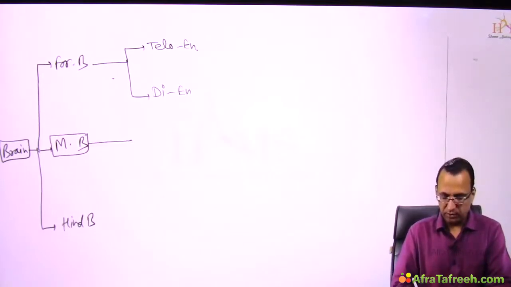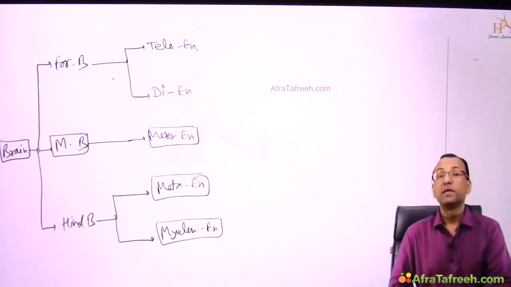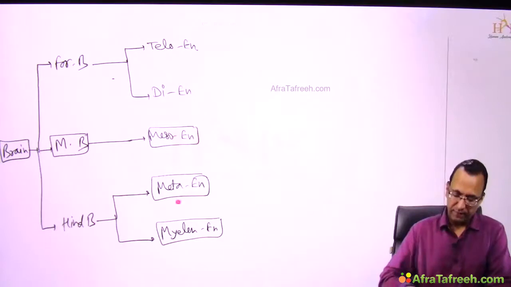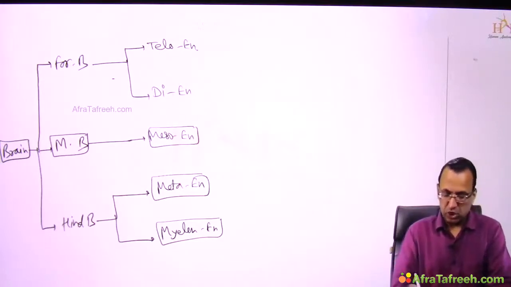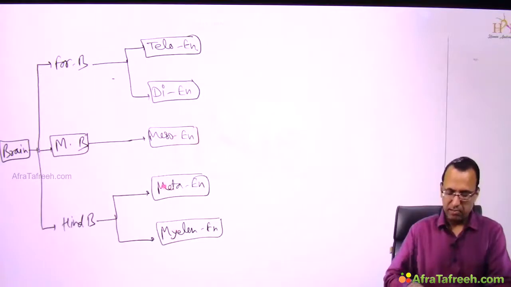It is forming the mesencephalon, and then there will be the hindbrain which is dividing into two, called the metencephalon, and then there is the myelencephalon. So in the adult brain, we will have 5 brain vesicles because the forebrain will give telencephalon and diencephalon, the midbrain is the mesencephalon, and the hindbrain gives the metencephalon and the myelencephalon.